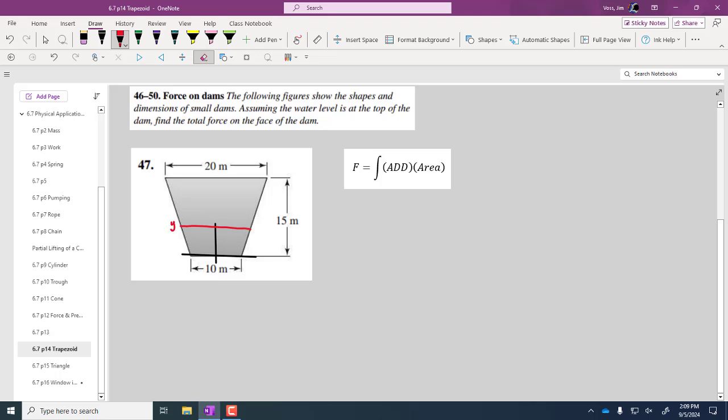Think of that as a very narrow rectangle. When we get to this area part, that is what we're talking about, the area of that red element, not the area of the trapezoid. It's just a tiny, thin little rectangle. So the area is going to be W times dy. W is going to go all the way across from the left to the right.